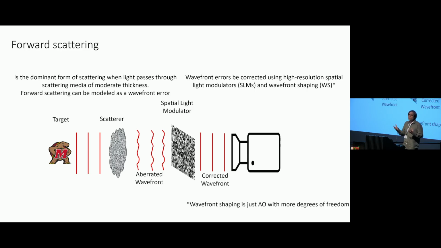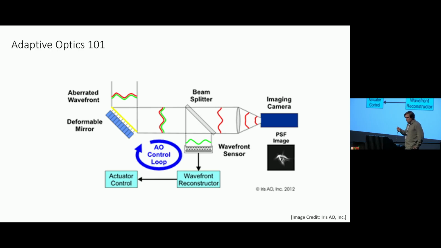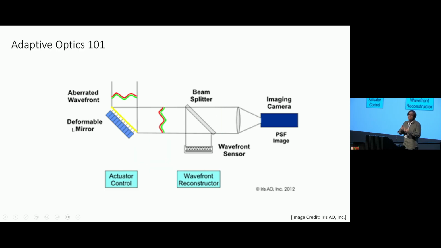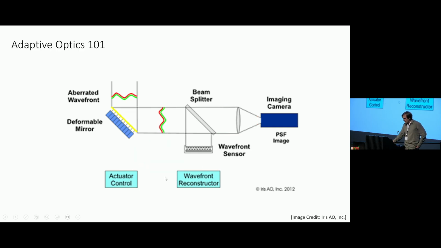This is known as wavefront shaping, which is adaptive optics with more degrees of freedom. These systems, whether in the atmosphere or in tissue, work largely the same way: you have a wavefront sensor, which actuates some adaptive optic system, deformable mirror array, or SLM, which after the wavefront's been measured, corrects it, and you capture a nice sharp image.